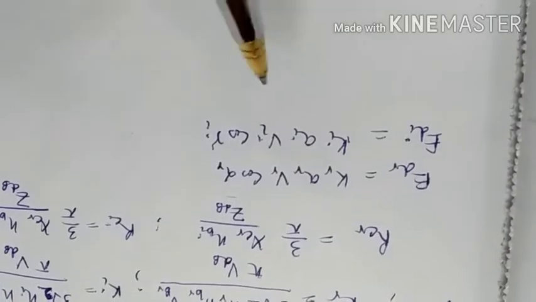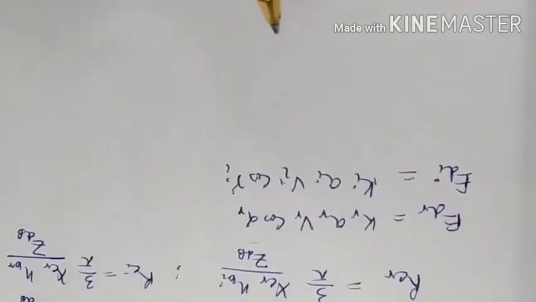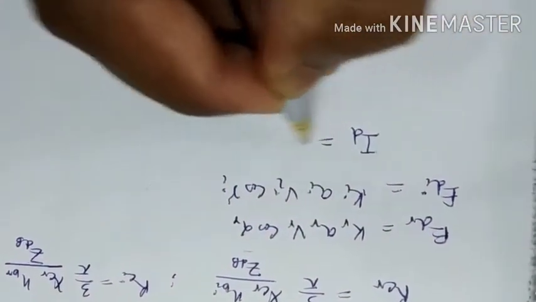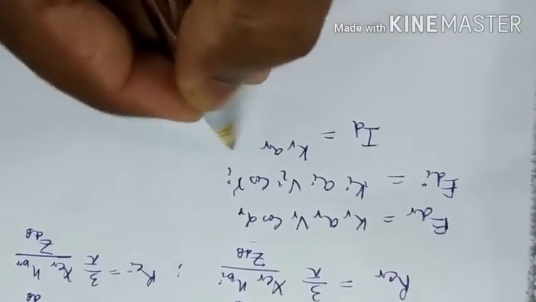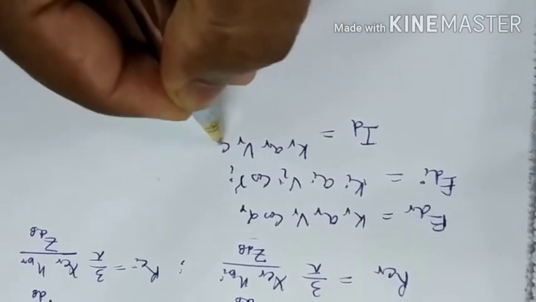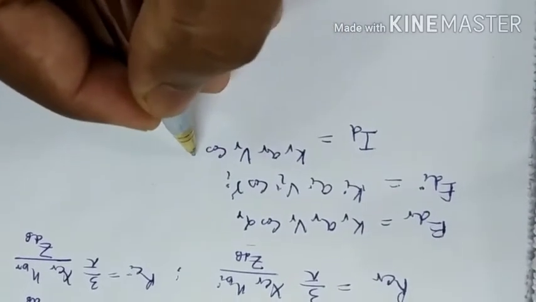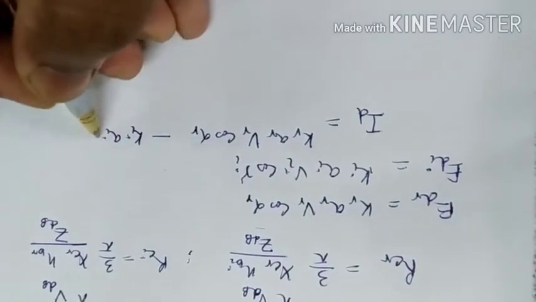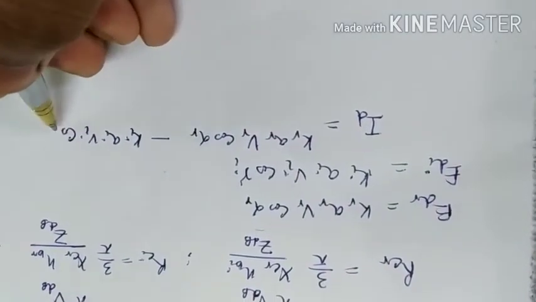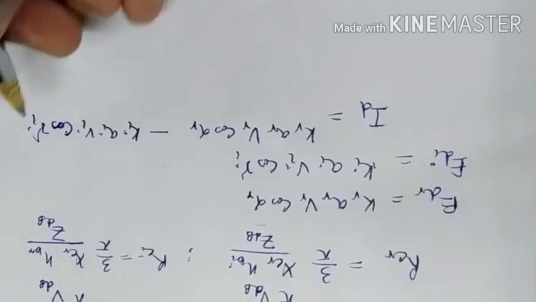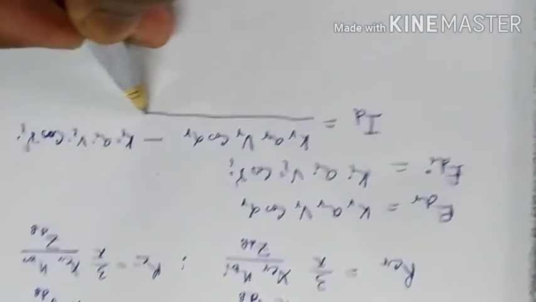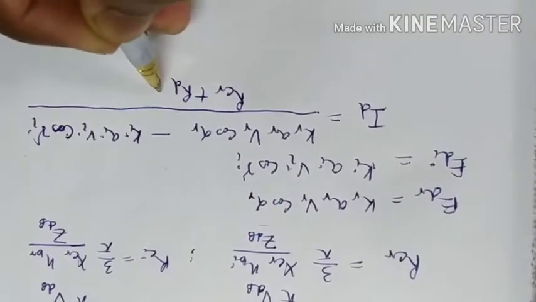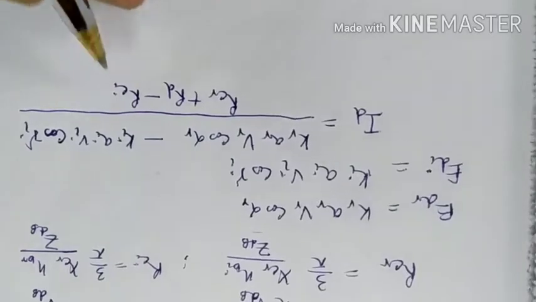The expression of DC current from the two equations is ID equal to KR AR VR cos alpha R minus KI AI VI cos gamma I, divided by RCR plus RD minus RCI.